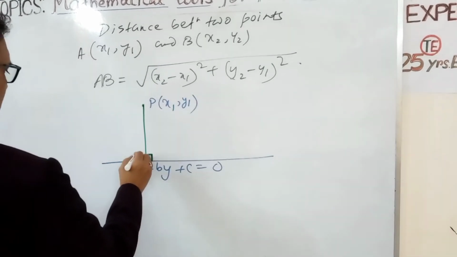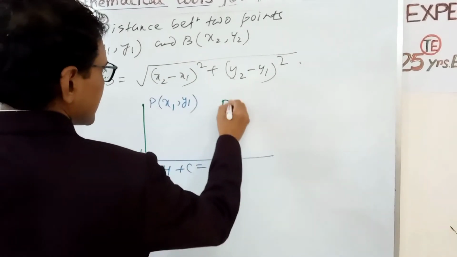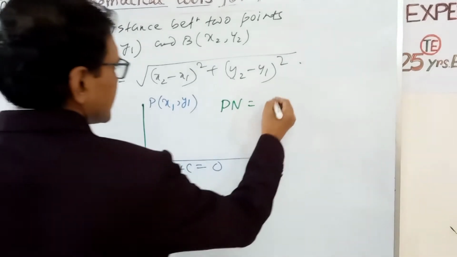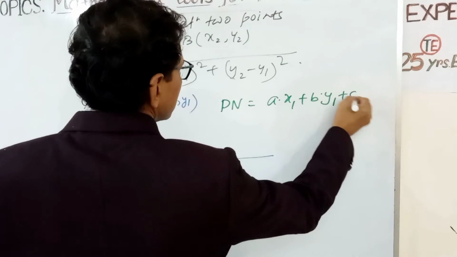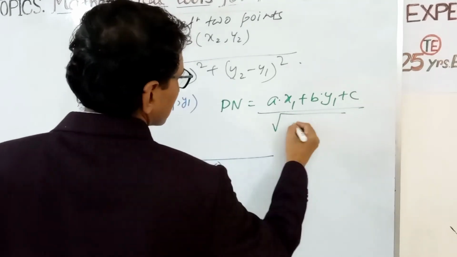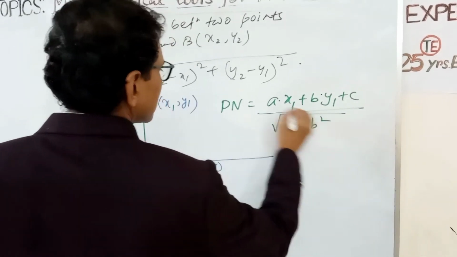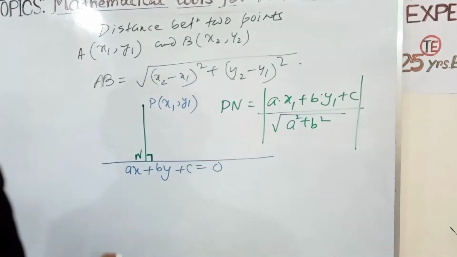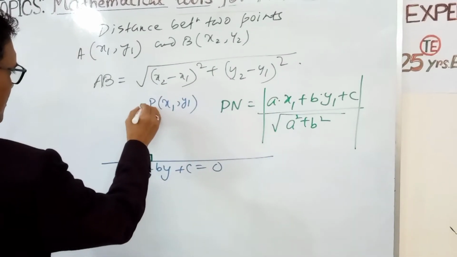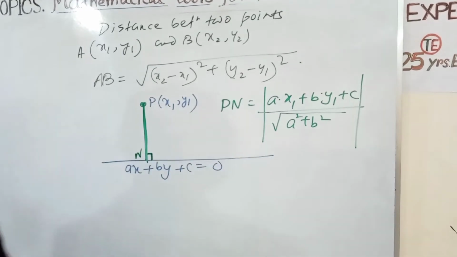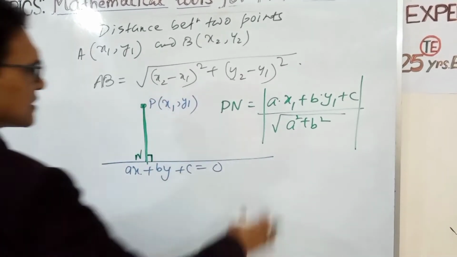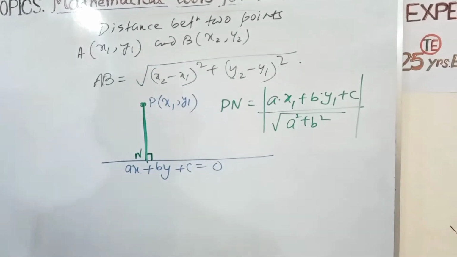So what is the formula of perpendicular distance? The formula will be a into x1 plus b into y1 plus c, divided by the root of a square plus b square. This is a very important formula to find the distance of the point to the line.